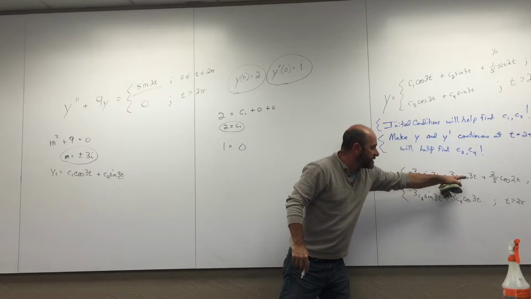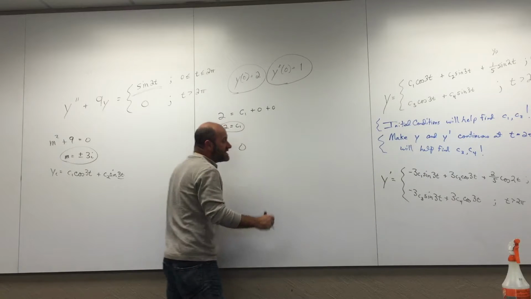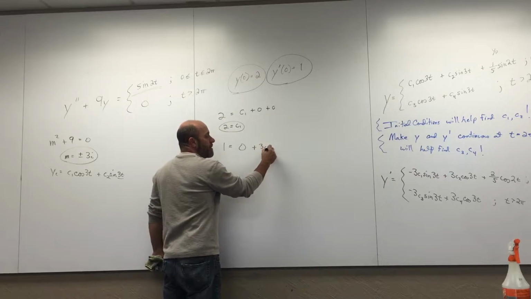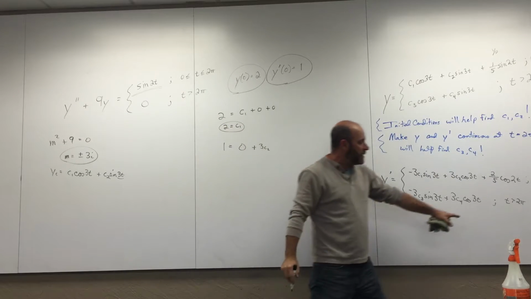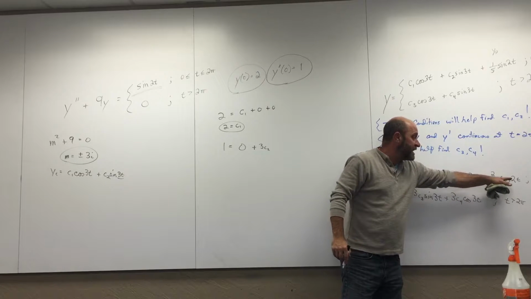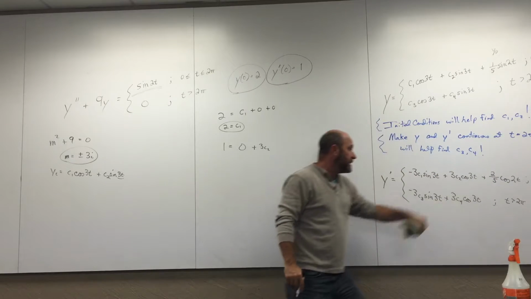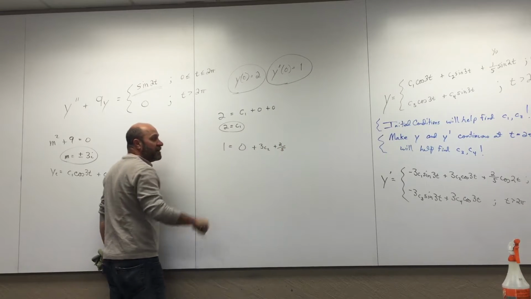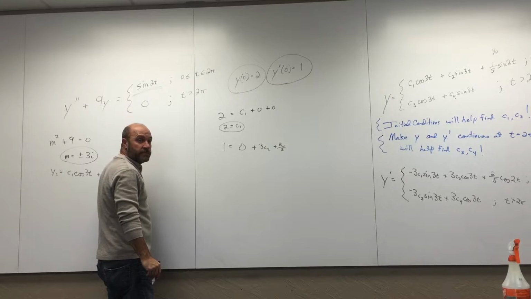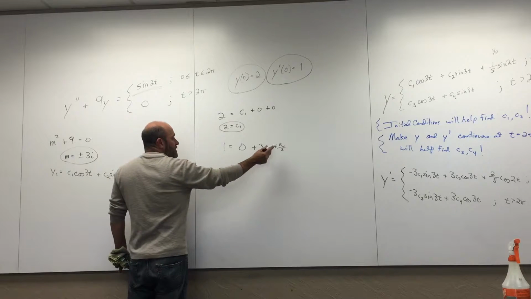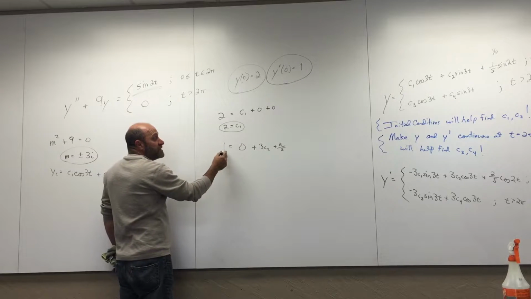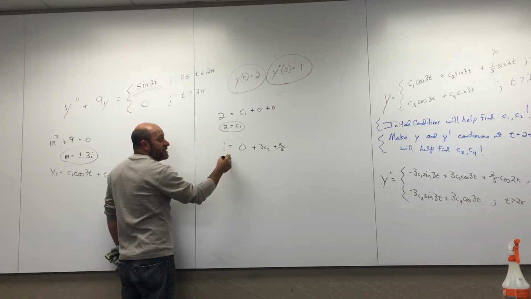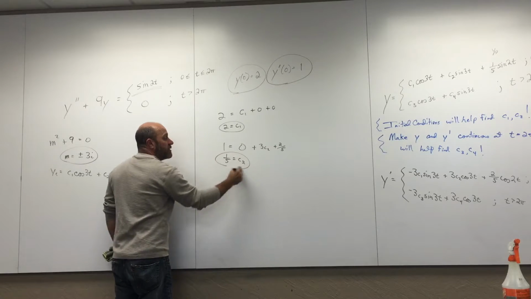The cosine of 0 is 1, but that's a 3c2. And then watch out over here. When you plug in a 0, the cosine of 0 is a 1, so that's a 2/5. But with a little bit of algebra, we can find c2. When I subtract 2/5, it's a 3/5. When I divide by 3, it's a 1/5. I think c2 is 1/5.